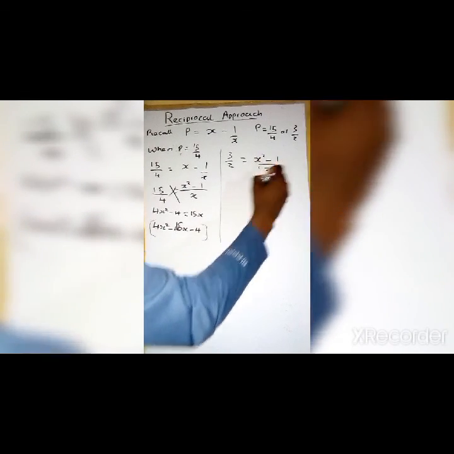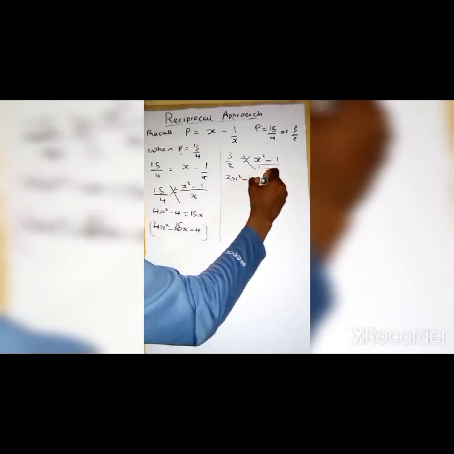So when p is 3 over 2, I have 3 over 2 equals x squared minus 1 over x. So we cross multiply, we have 2x squared minus 2 equals 3x. We have 2x squared minus 3x minus 2. So we can solve this quadratically.